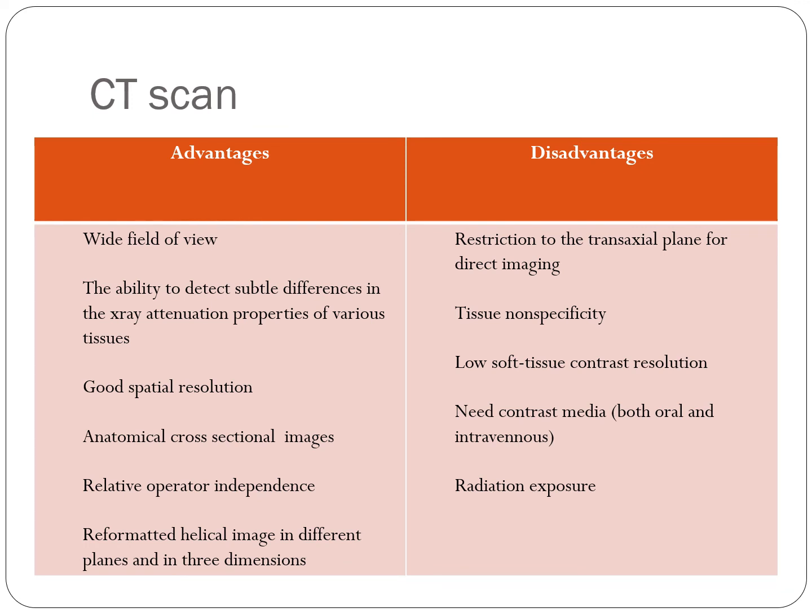CT scan: what are the advantages and disadvantages? The advantages are wide field of view, the ability to detect subtle differences in the X-ray attenuation properties of various tissues, good spatial resolution, anatomically cross-sectional images, relative operator independence, and reformatted helical images in different planes and in 3 dimensions.